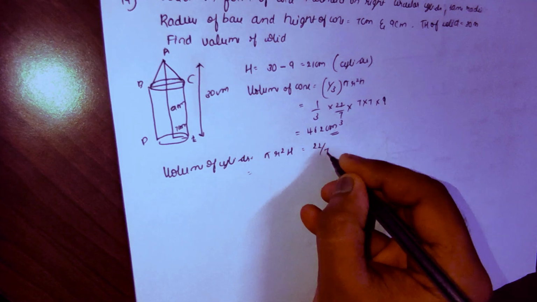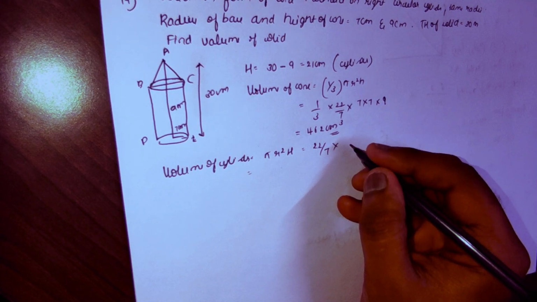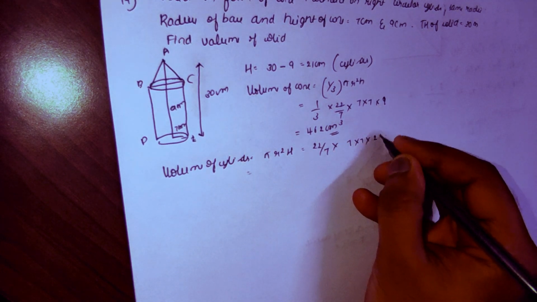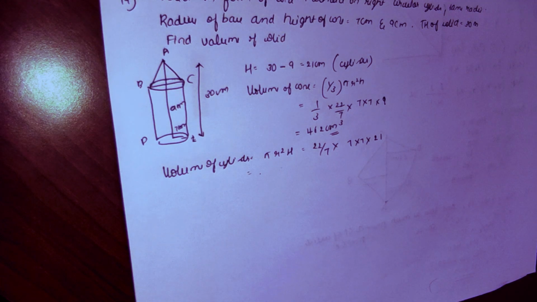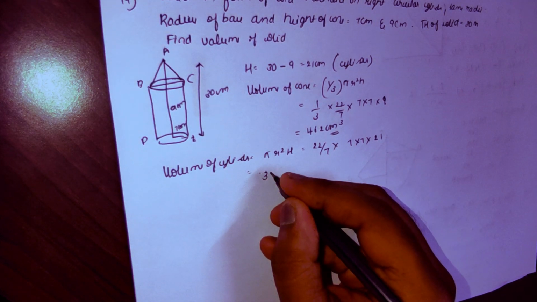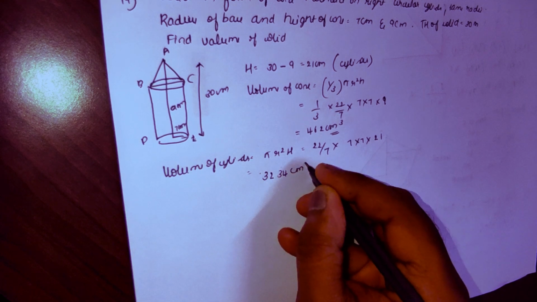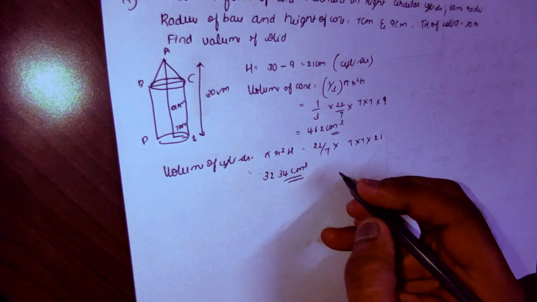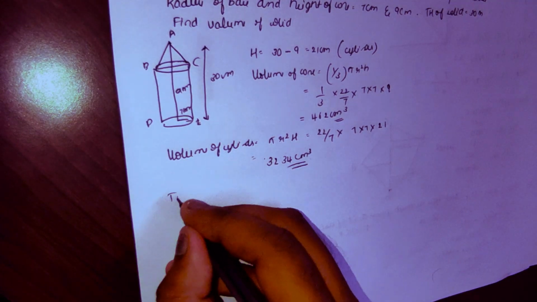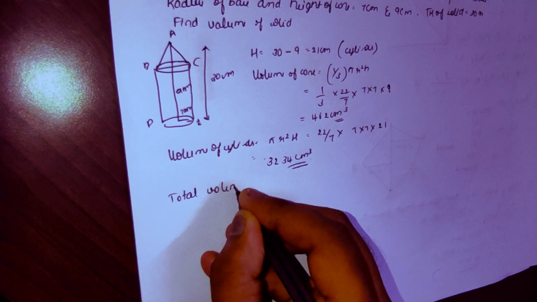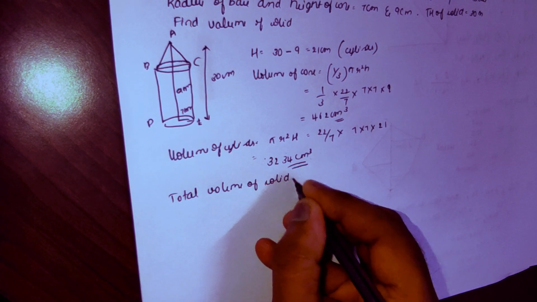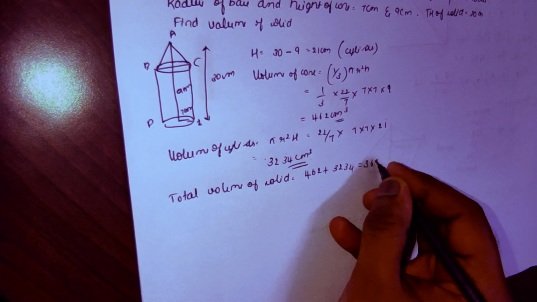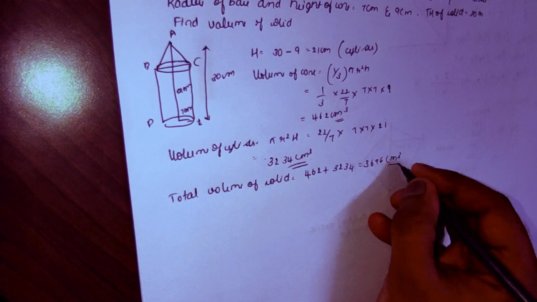Substitute the values, that is 22 by 7, radius of the cylinder, we know that is 7 into 7, height is 21. When you substitute the values, you will get the volume, that is 3234 centimeter cube. Total volume of the solid is the volume of the cone plus volume of the cylinder, that is 462 plus 3234, that gives 3696 centimeter cube.